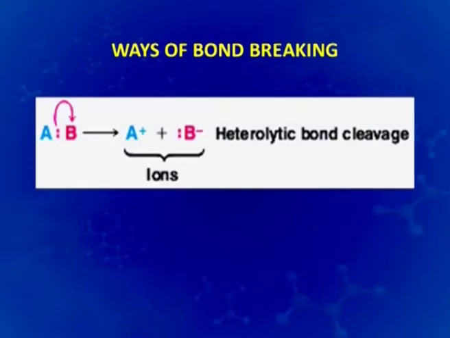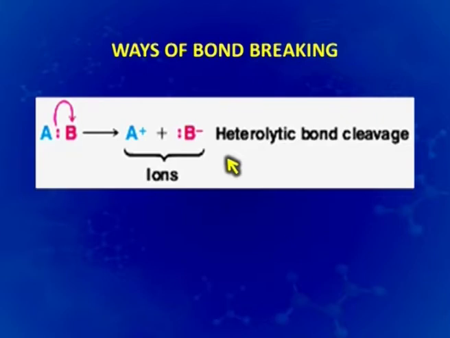This can be depicted in a different manner, like a reaction between A and B, wherein this pair moves on to B and we get A plus and B minus, which, as a result of heterolytic bond cleavage, lead to ions.